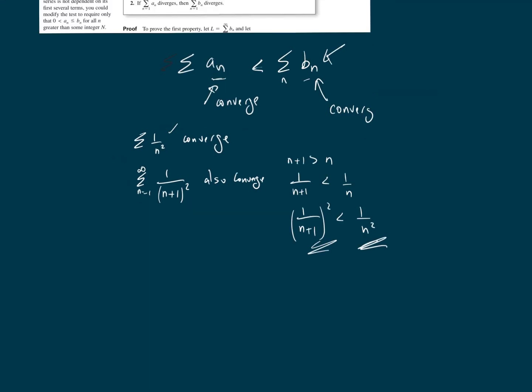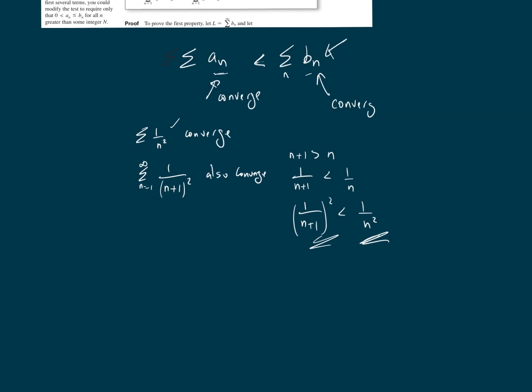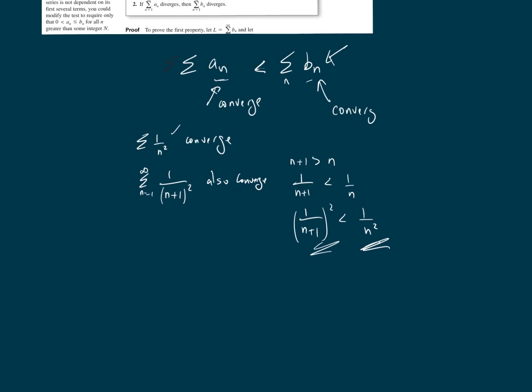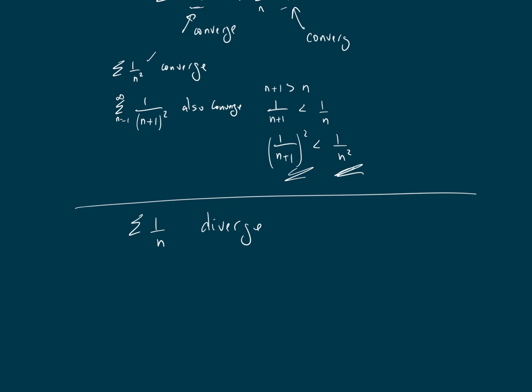And now how about a series that diverges? For example, imagine that you know by the integral test that the summation of 1 divided by n diverges. So you use this like your thermometer to measure if another series diverges. How will you do it?